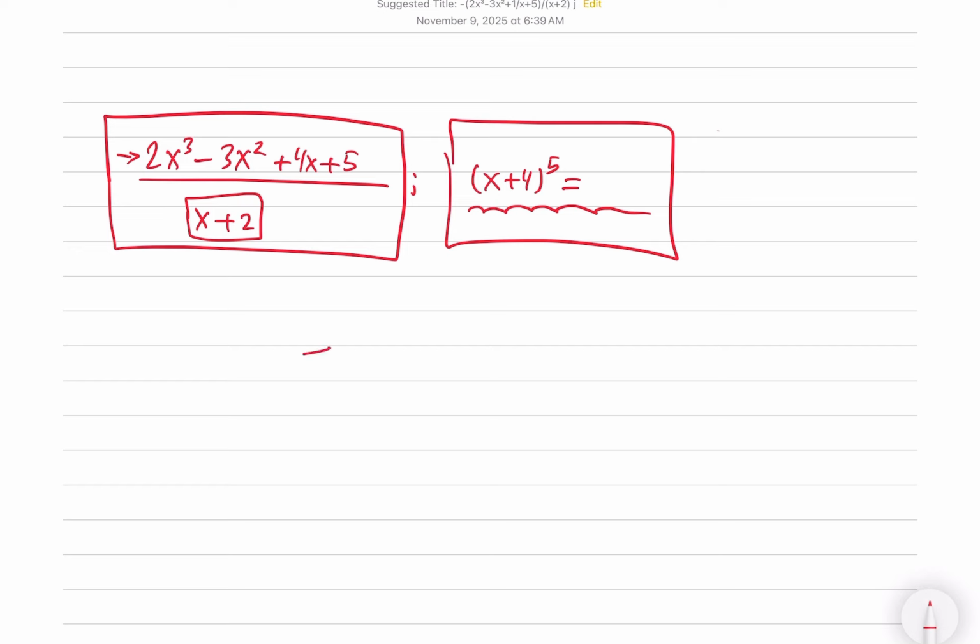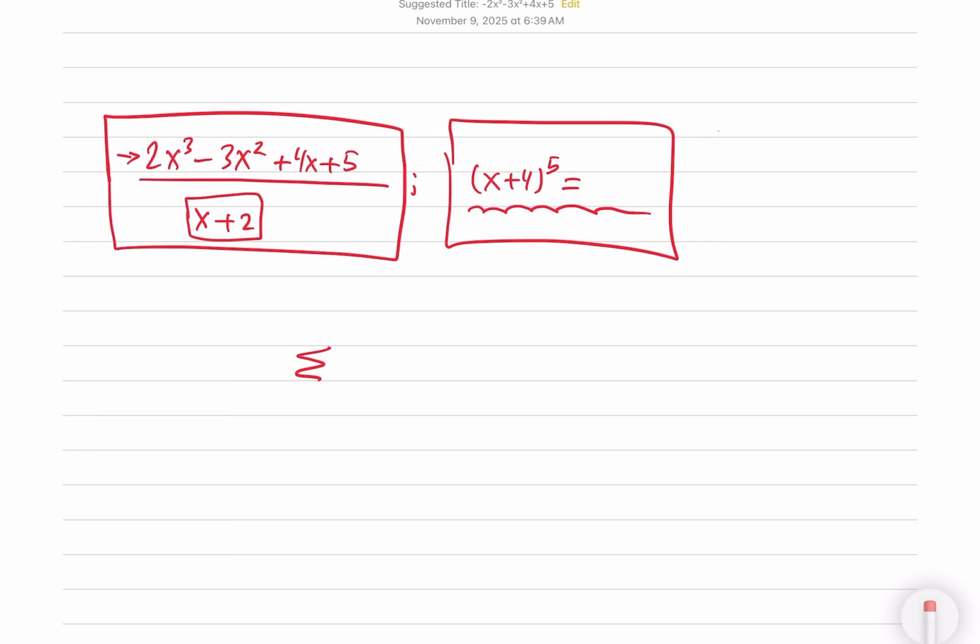Now, this symbol is the summation. Well, we're going to solve this example. I'm pretty sure you're going to understand it just from the example. I don't really need to give you a general formula in order to understand it.